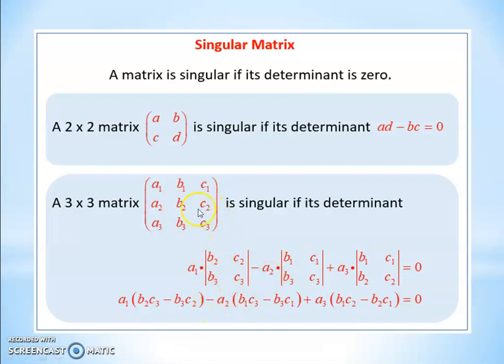Next, minus A2, we skip the second row and first column. What is remaining? B1 into C3, minus B3 into C1. Now we skip the third row and first column. What is remaining? B1 into C2 minus B2 into C1. And we define singular and non-singular matrices this way.